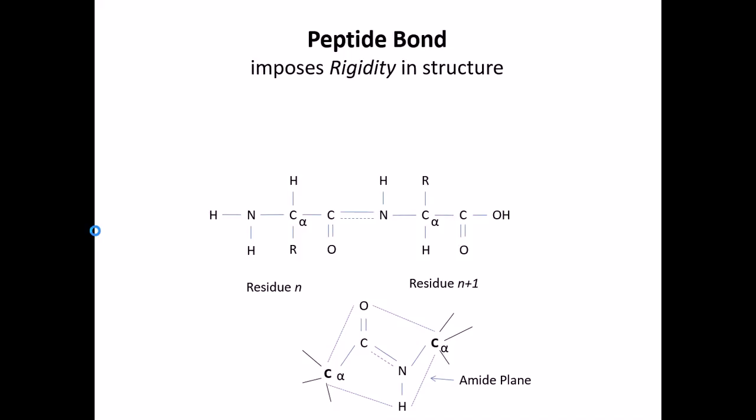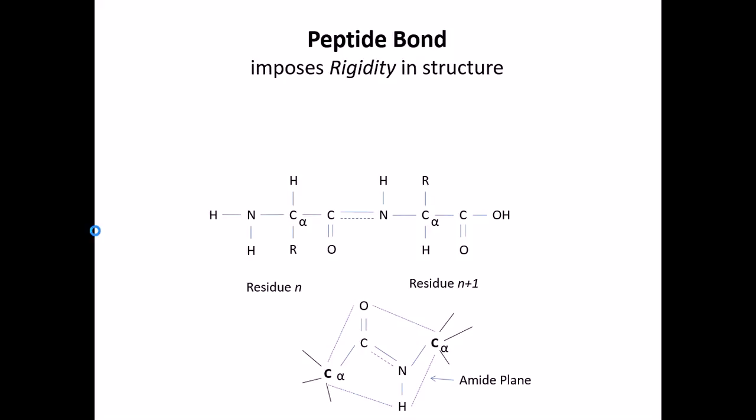this can also impose rigidity in the structure, because the carbon atom and the nitrogen atom now exist as if they are a double bond, and hence there is no rotation that is possible across these two bonds, which means there is no rotation in this entire plane, because the C alpha in the nth residue and the C alpha in the n plus 1th residue all are connected to the peptide bond.